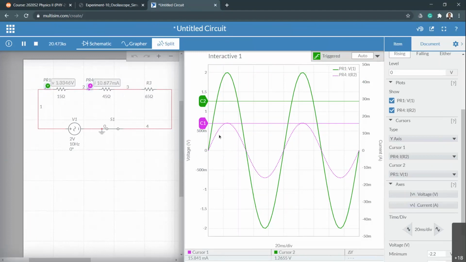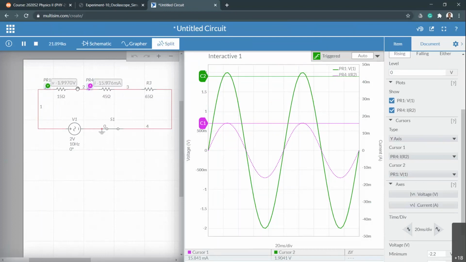Let's measure the voltage now. If I use the voltage sensor right here, that measures the total positive voltage, right? That is not what we actually need. We need the voltage across this resistor, which means technically I need the voltage on the right hand side of resistor number 1, and the voltage on the left hand side of resistor number 1.